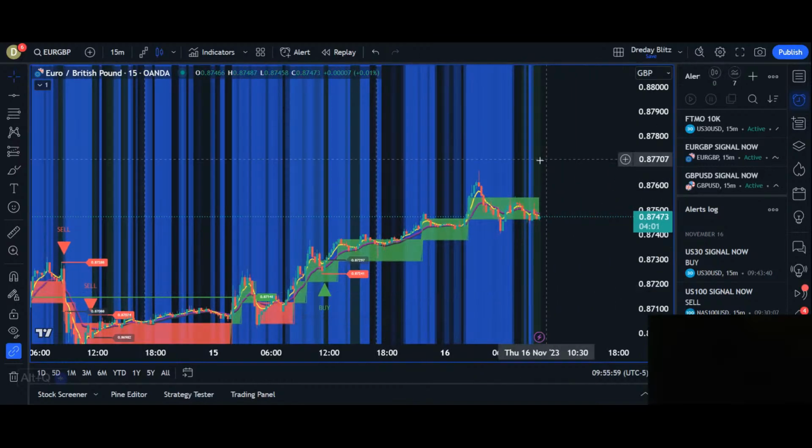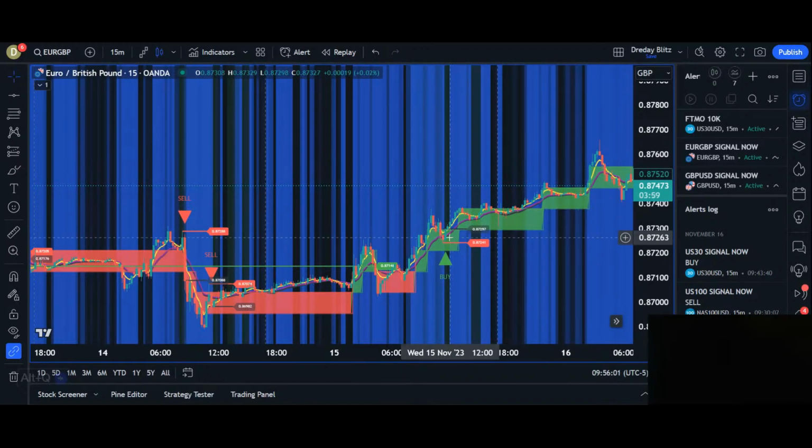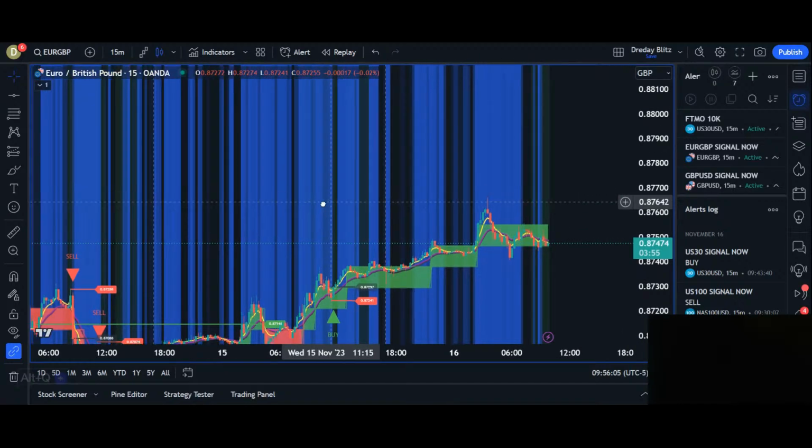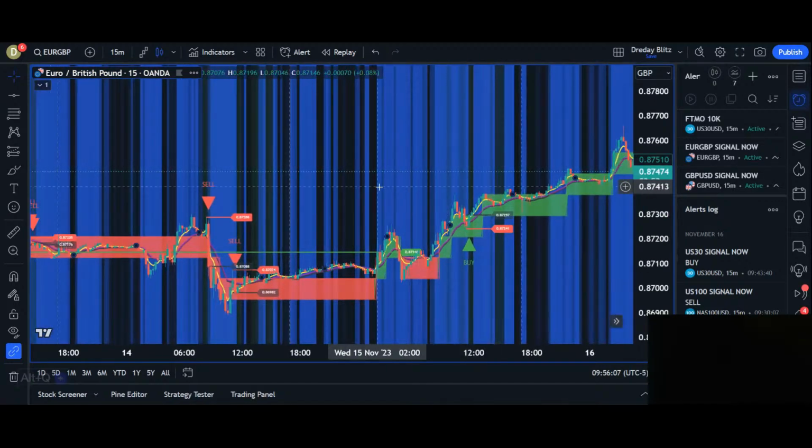at 11:30 on Wednesday, and still pushing up.